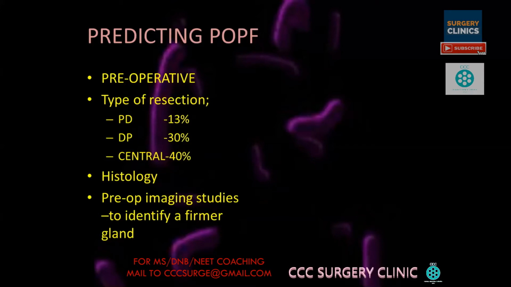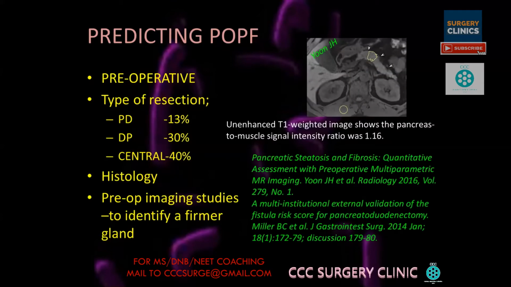Pre-op imaging studies. Now, guys, I want you to keep this up your sleeve. Again, this is the examination technique, and I'm talking of something that is fairly recent. So pre-op imaging studies to identify a firmer gland, and it can be MRI, like here. This paper came out in 2016 in the Radiology journal.